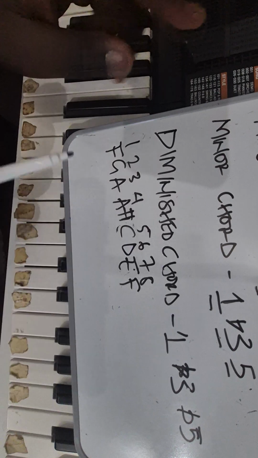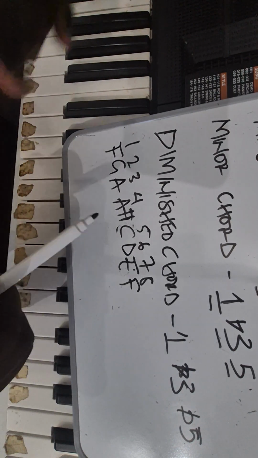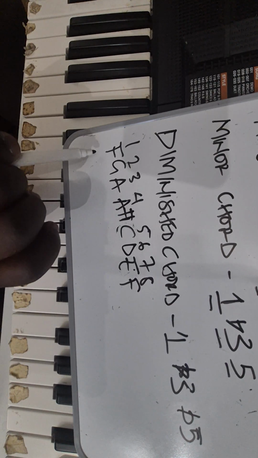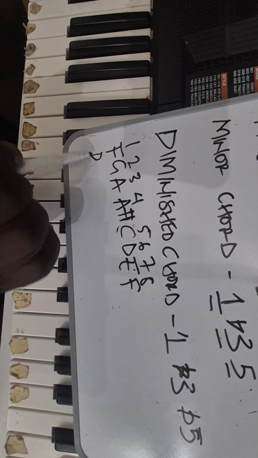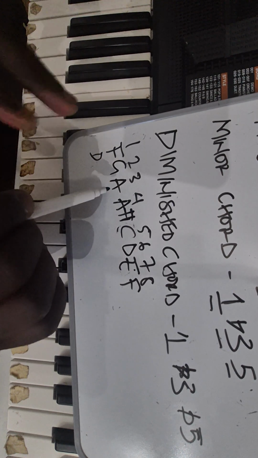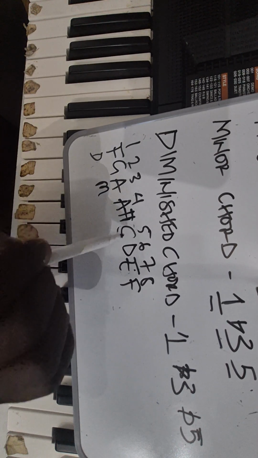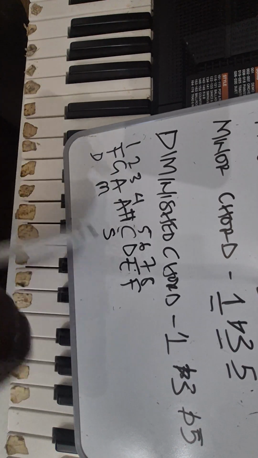So what we are saying is once we form the scale for any key and you want to play the major of that key, all you need to do is pick the first note, which is do, pick the third note, which is mi, and pick the fifth note, which is sol. So 1, 3, 5.